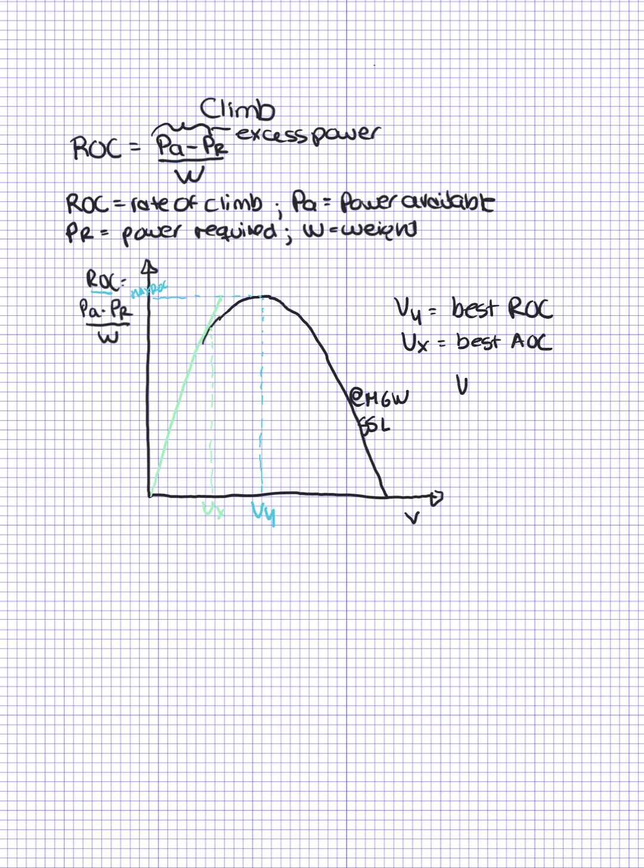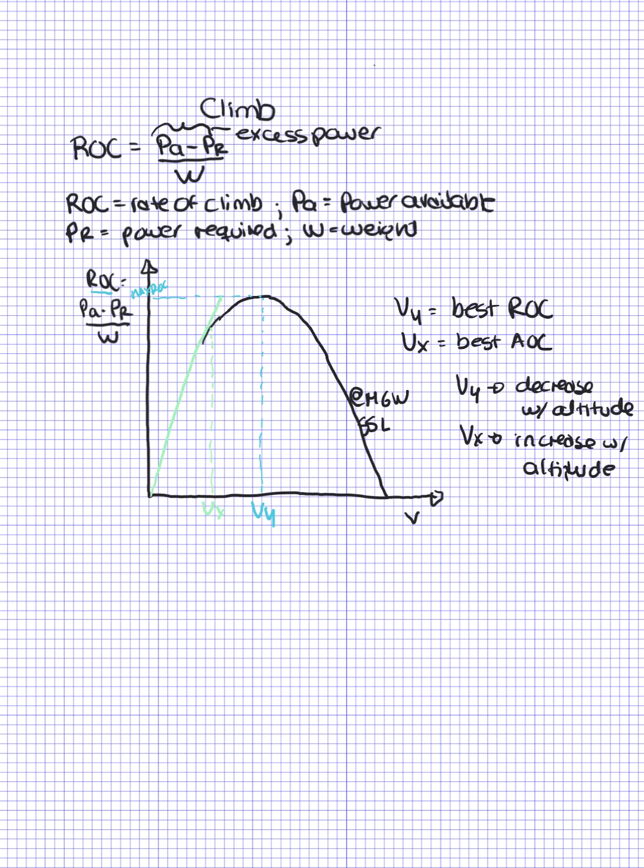Vy is going to decrease with altitude, and Vx is going to increase with altitude, and I'll show you why. At a higher altitude, my excess power is going to be different.